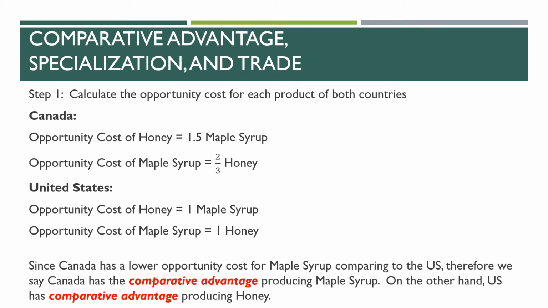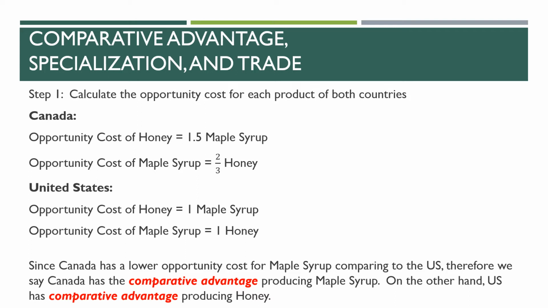Since the opportunity cost to produce maple syrup in Canada is lower compared to the United States, we say that Canada has the comparative advantage producing maple syrup. On the other hand, the United States will have the comparative advantage to produce honey.